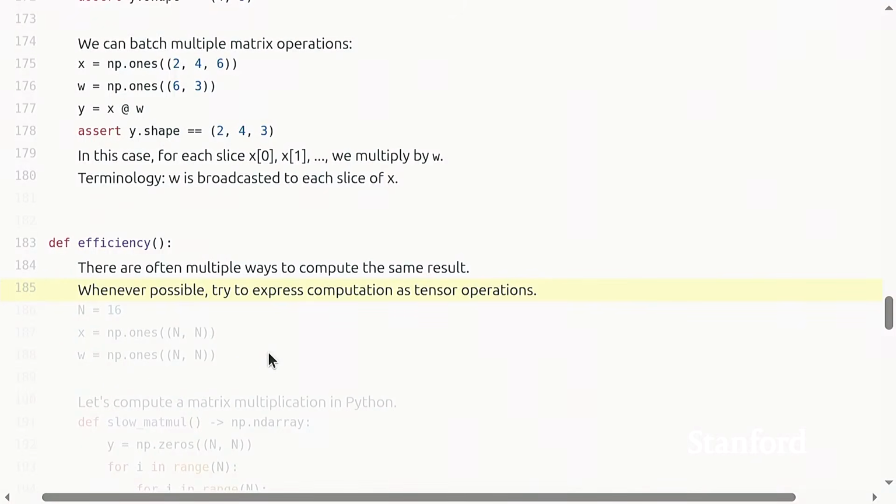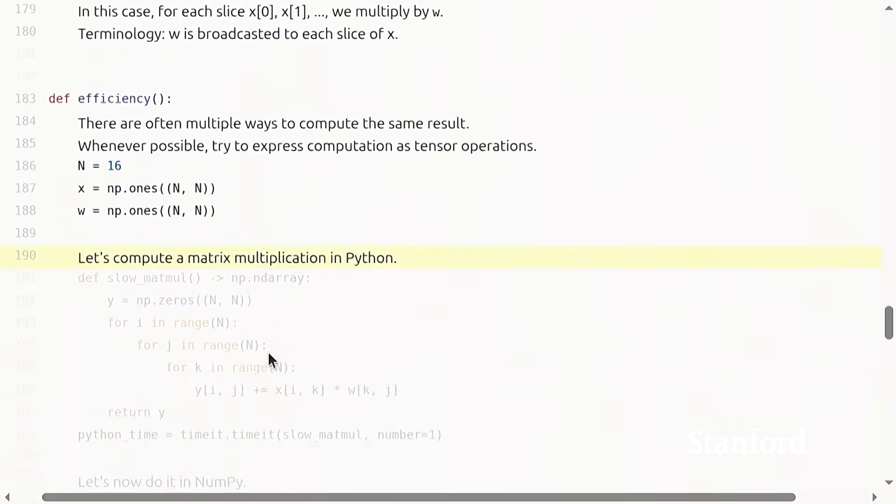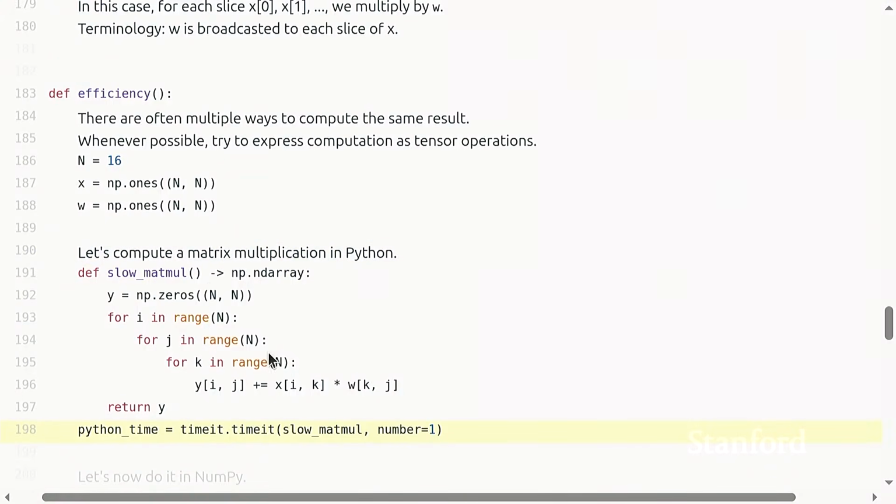So let's take a very simple example. I have two n by n matrices. If you want to do a matrix multiplication, you could just implement it in Python, right? So for every i, j, k, ij equals ik times kj. So this is also a good refresher of what matrix multiplication is.